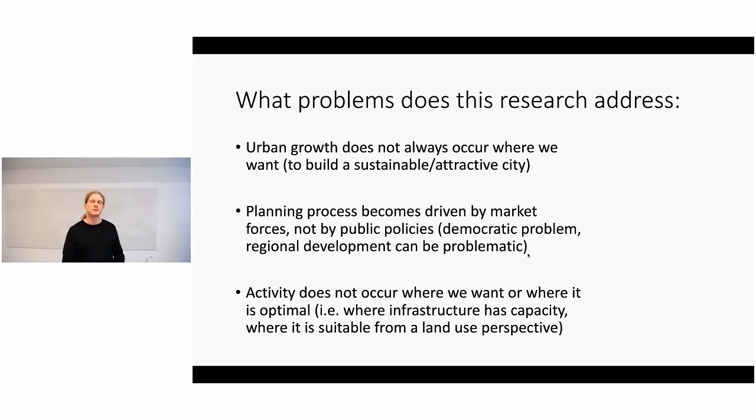Someone wants to establish offices, workplaces, industries, shopping malls, residential areas. And this planning is not always driven by public policies. This becomes in some way a democratic problem, that our democratically decided plans don't always work as we want.